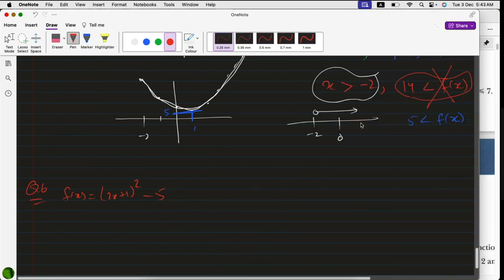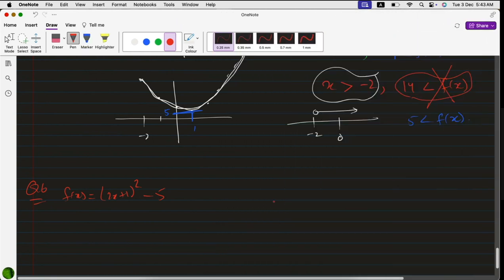Now, regardless of the domain, I can see that the turning point is where 2x plus 1 equals 0, so x equals negative 1 by 2. So let's say this is negative 1 and this is negative 1 by 2. At negative 1 by 2, the value of y is minus 5. So the turning point is negative 1 by 2 and minus 5, and it is a smiley face.